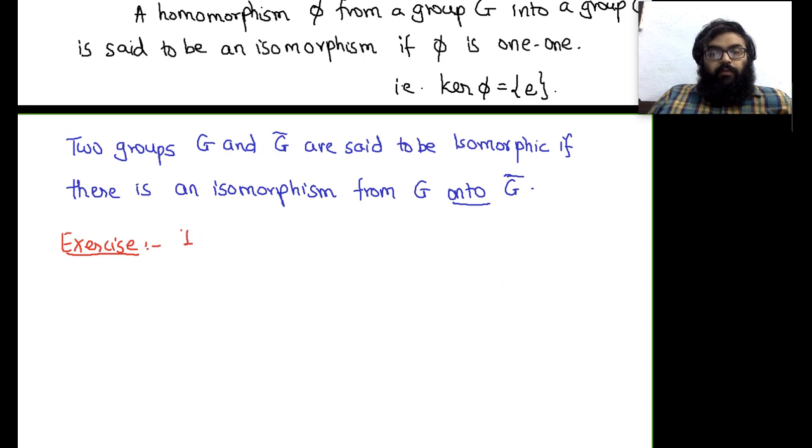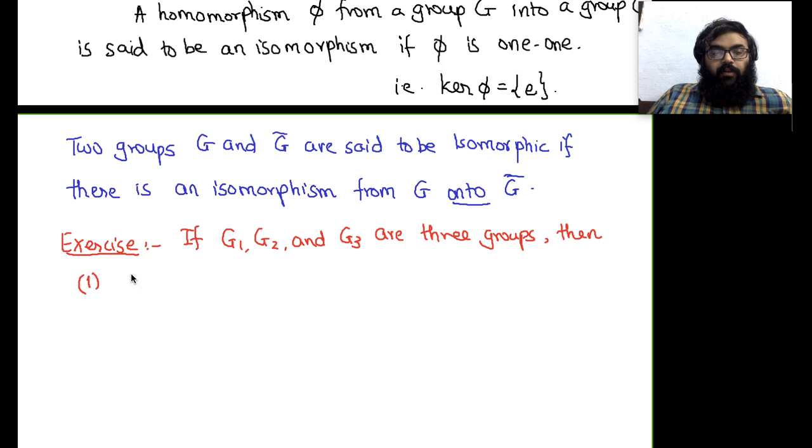Suppose G1, G2 and G3 are three groups, then we have the following.